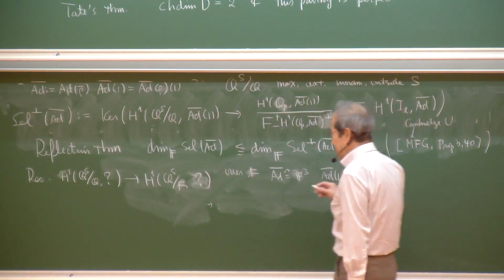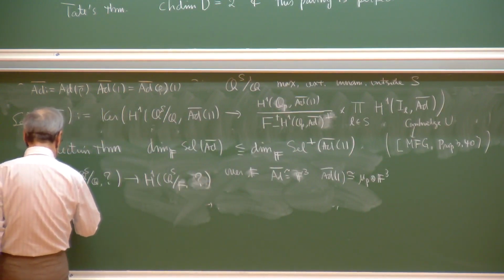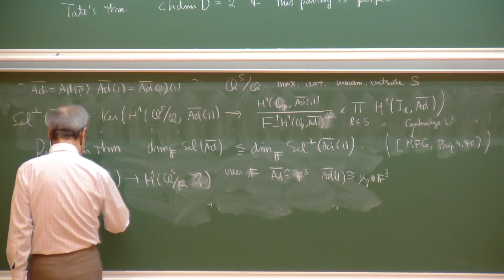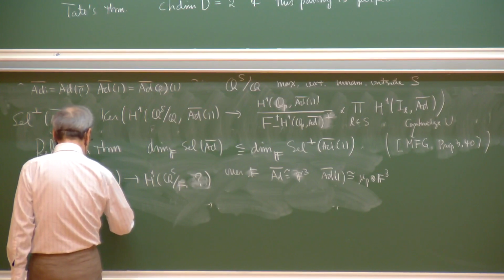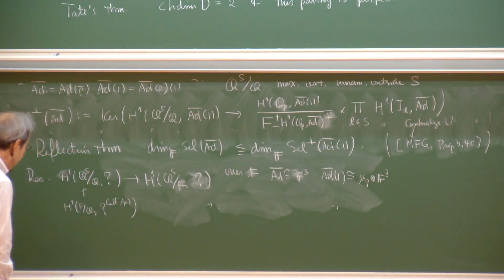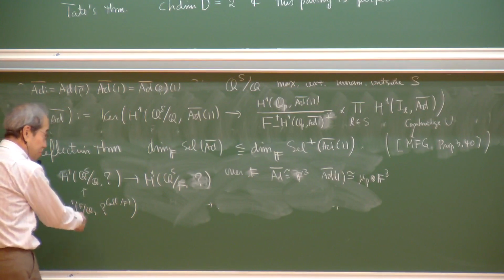So the kernel here is, as you know, by inflation restriction, H1 of F over Q with coefficients fixed by the Galois group over F, right? So this has to be 0, but this is a finite group.